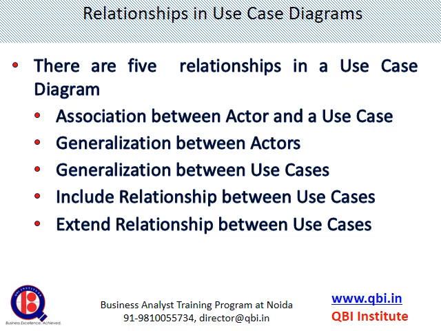They are: association relationship between an actor and a use case, generalization relationship between actors, generalization relationship between use cases, include relationship between use cases, and extend relationship between use cases. We will learn about each of these relationships one by one.